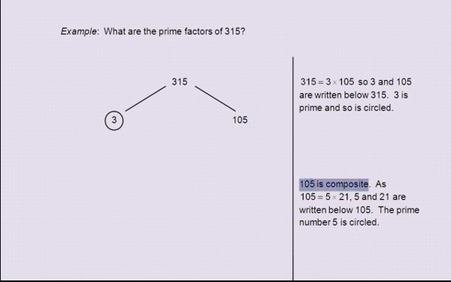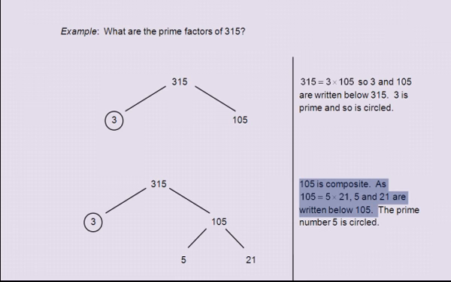105 is composite, as 105 equals 5 multiplied by 21. 5 and 21 are written below 105. The prime number 5 is circled.